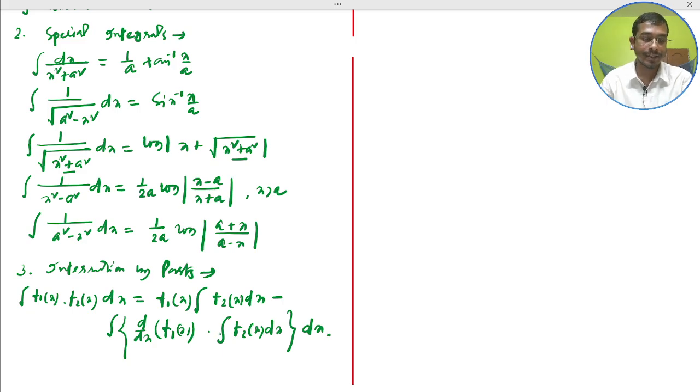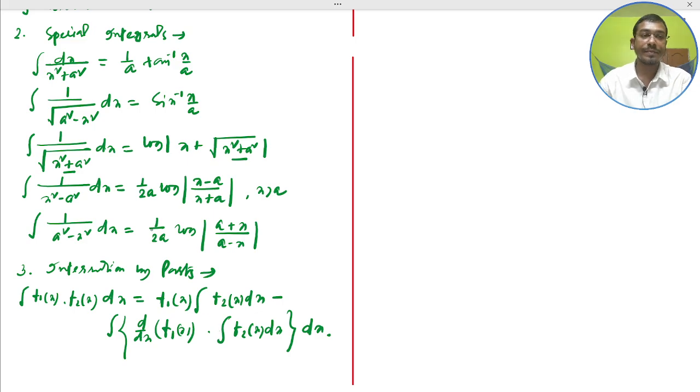This is integration by parts. So first function into integral of second, minus derivative of first into integral of second, whole integration into dx.